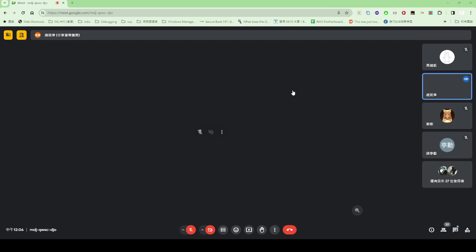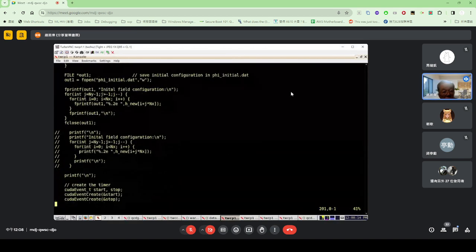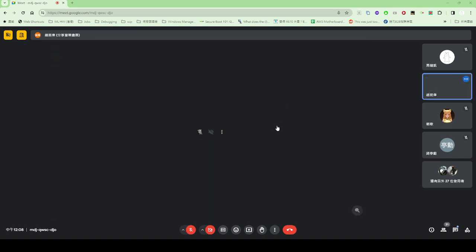And then print out the initial phi and create a timer, and copy HO to DO, and H new to D new. This is only for the initial value.